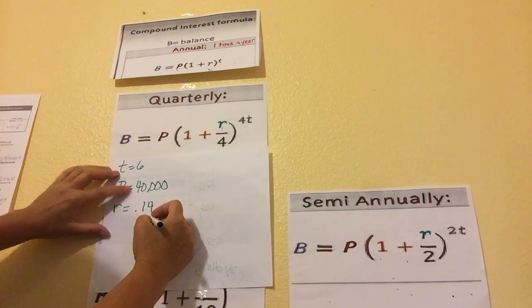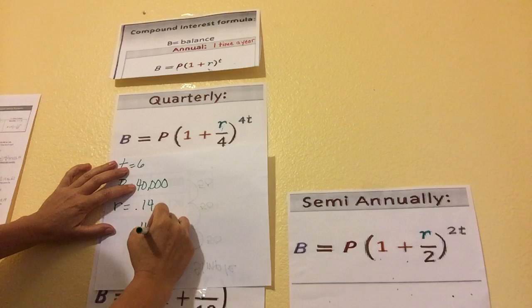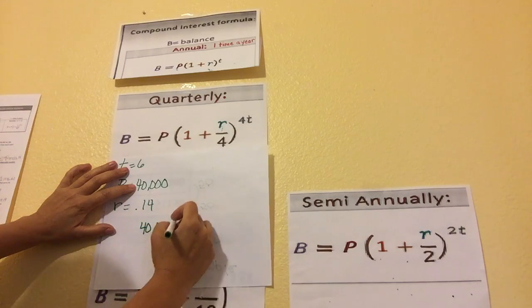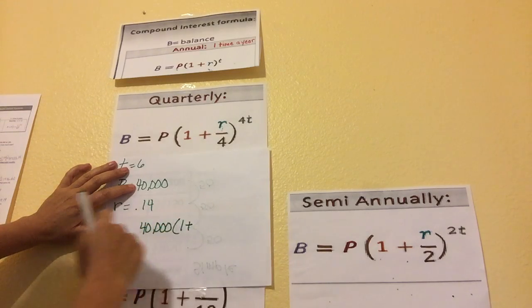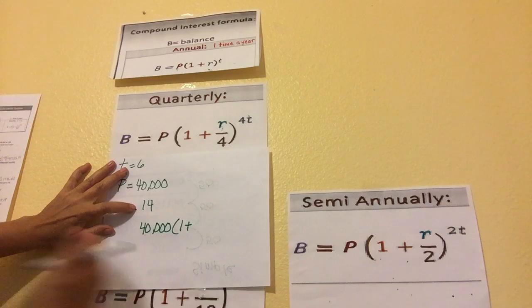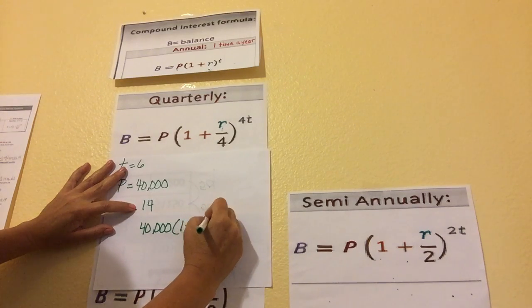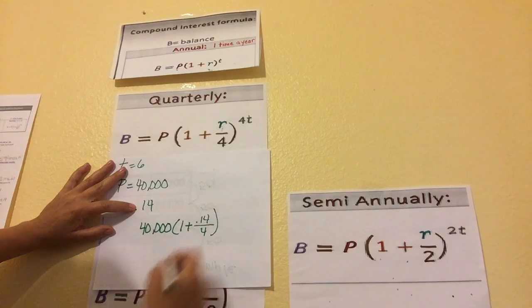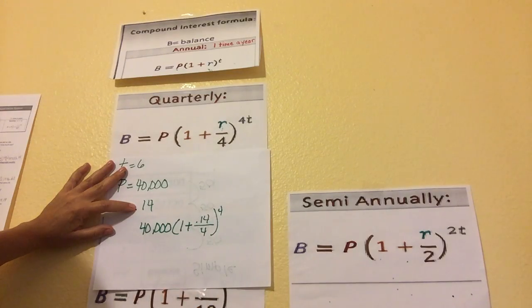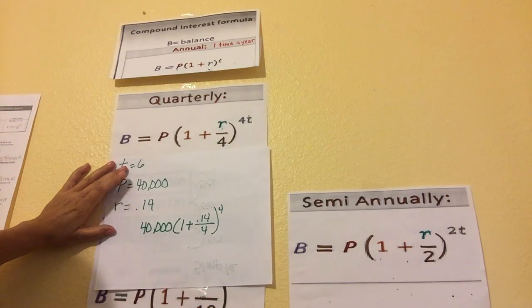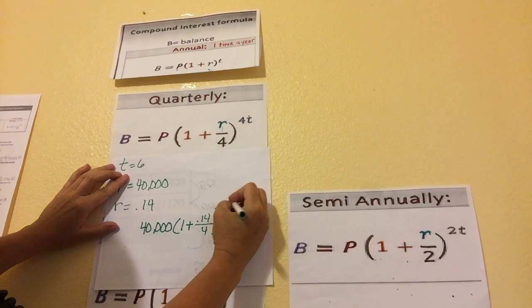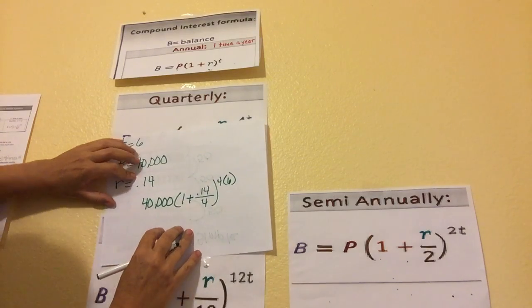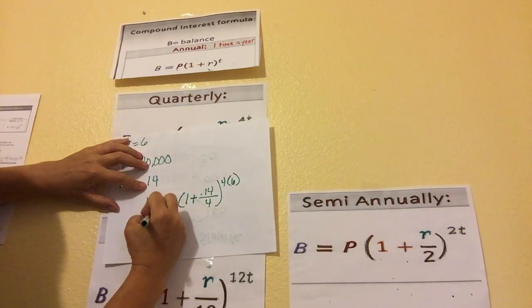So I can put 40,000, 1 plus, and my R is 0.14. Now it's over 4, okay? 4 goes up here because it's quarterly. And then my time is 6, okay? So if I combine that, I'm going to get 40,000.